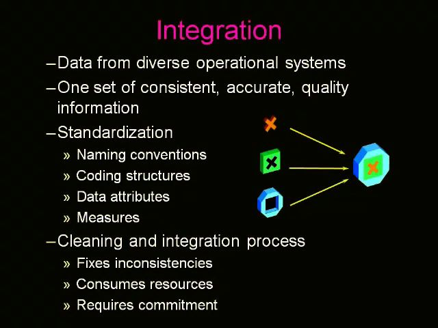So what are the different kinds of problems which we can see when we integrate the data? One set of consistent, accurate, quality information is what we are producing by building a data warehouse. If the quality of the data is not maintained properly, nobody is going to use your data warehouse. And whatever analytical results you get from the data warehouse may not be good if the quality of the information is not maintained.